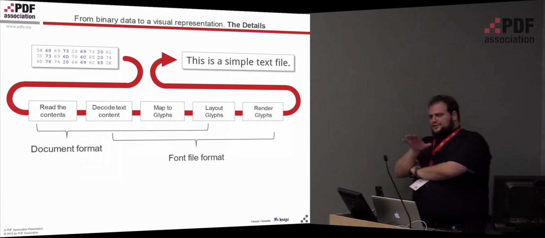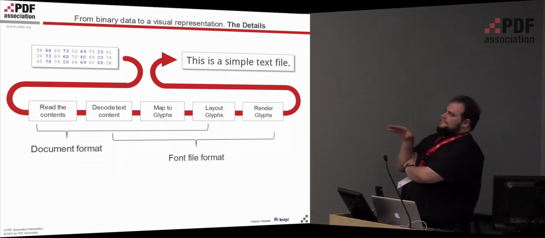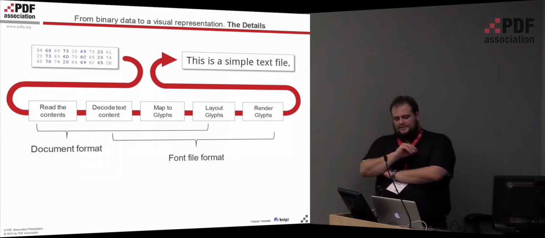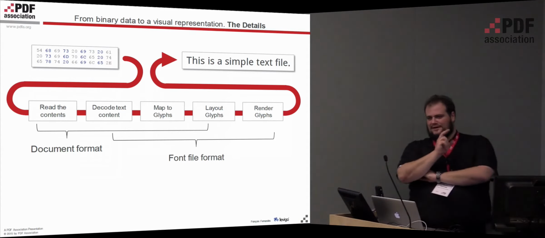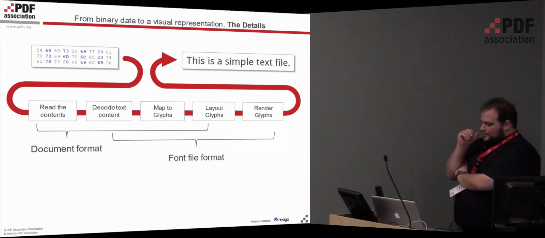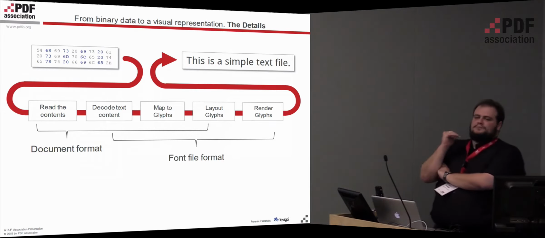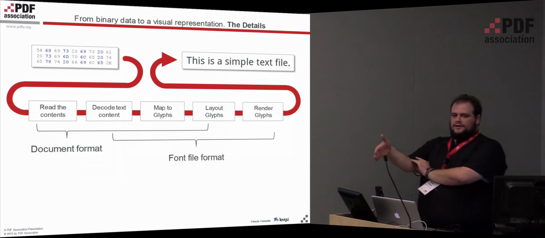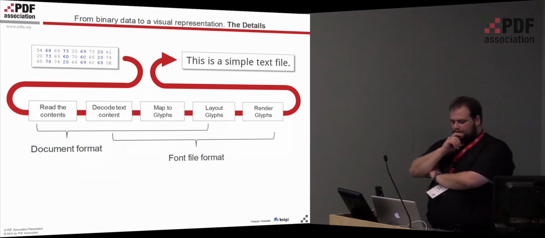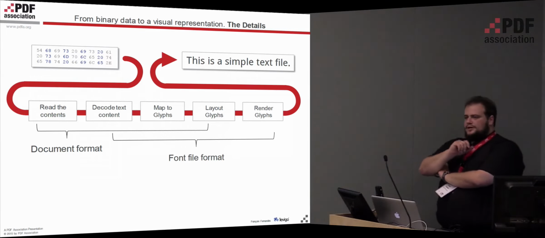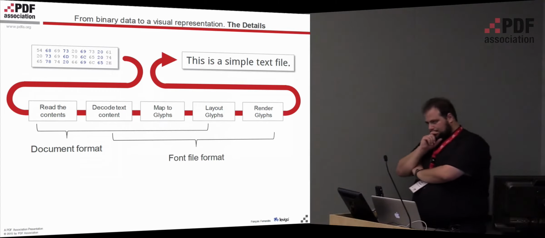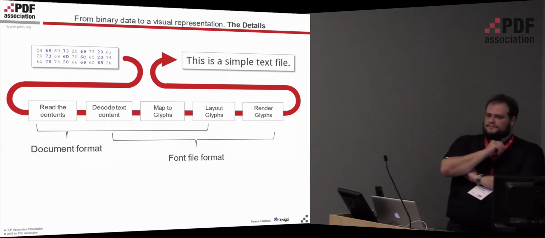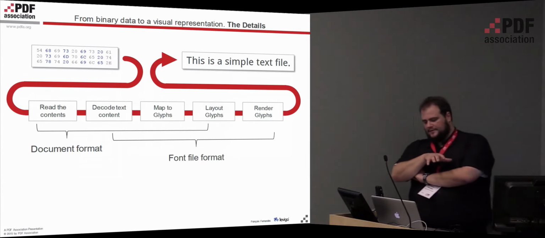I'm actually speaking about something like PDF. I'm not talking about text files at the moment. So we have to read the contents. We have to get to the structure of all those elements within that document. We have to decode the text content. It might involve some kind of compression or any other kind of pre-processing.